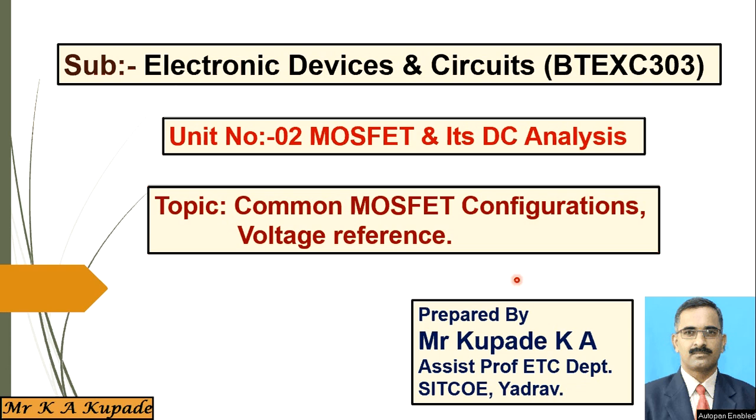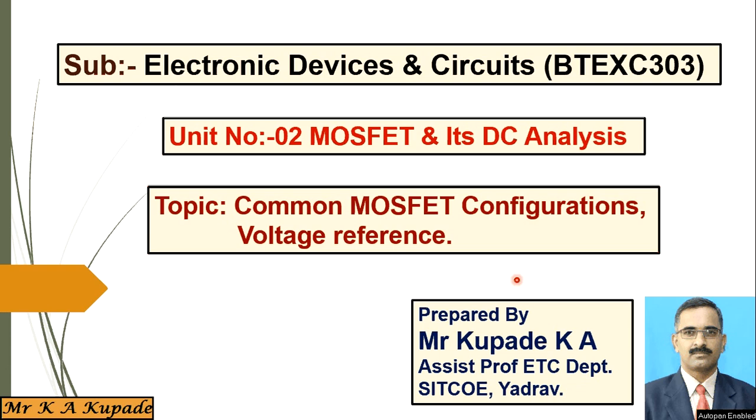Along with that, we discussed the current sink, current source, current mirror, diode as active resistor, then MOSFET as switch, and before that we also discussed the DC analysis. All these points were discussed under the main topic of common MOSFET configuration.